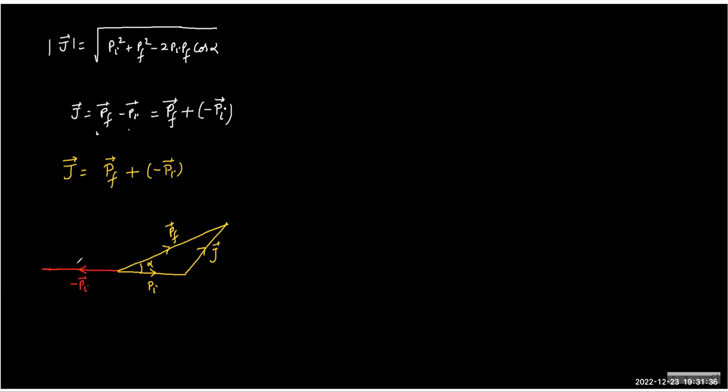So the resultant of the two vectors, the PF and minus PI, will be between this angle, right? For any two vectors, the answer is going to be somewhere here. And to get the answer, you can complete the parallelogram like this. And then this is the J vector.